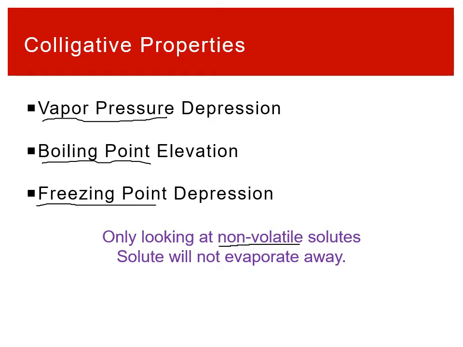Come back in a couple semesters. But right now we're going to deal with non-volatile solutes, so the solute is not going to evaporate away. One important thing about that is the concentration will not be changing, and we're not going to have to worry about its participation in being a vapor. So solute concentrations are constant. We're going to make our lives easy.